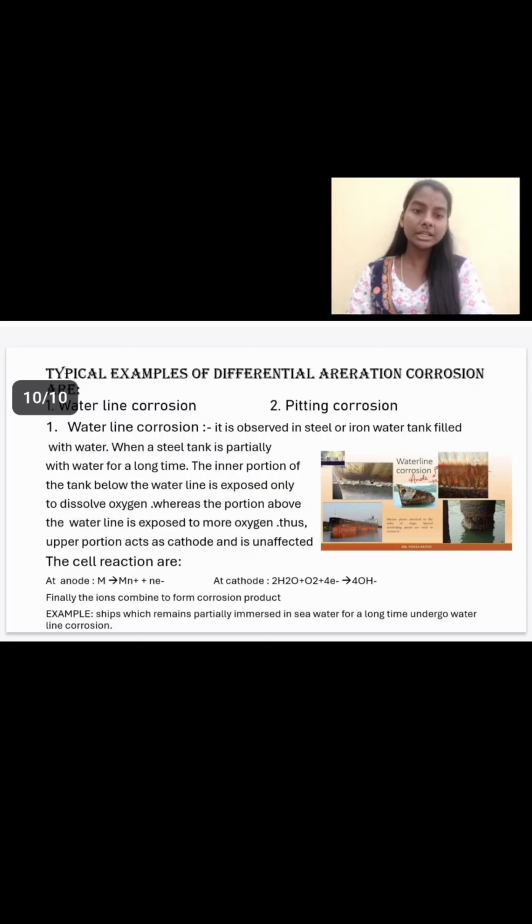The cell reactions are: at anode, M gives Mn+ plus ne-. At cathode, 2H2O plus O2 plus 4e- gives 4OH-. Finally, the ions combine to form corrosion product. Example: ships which remain partially immersed in seawater for a long time undergo waterline corrosion.